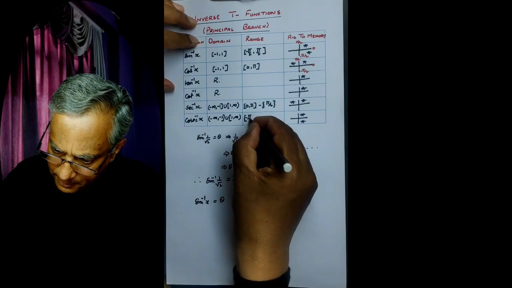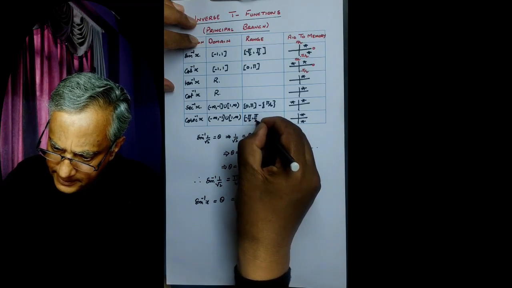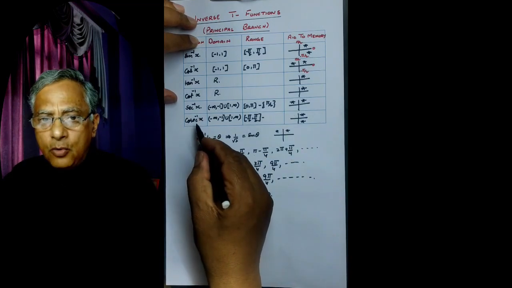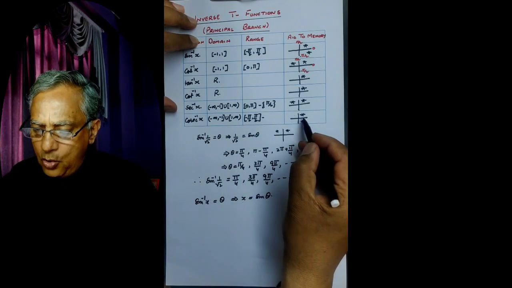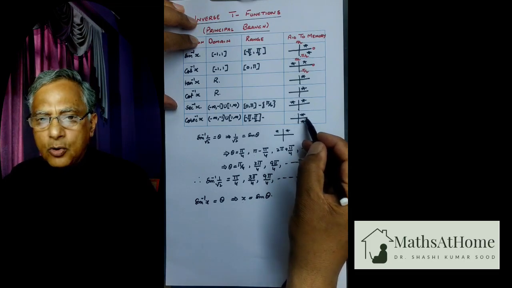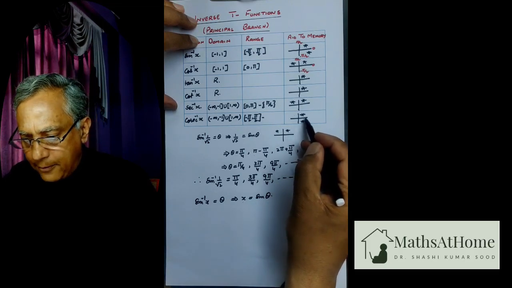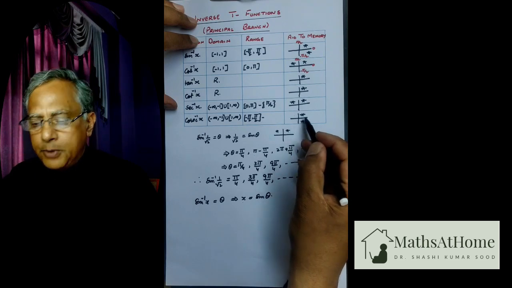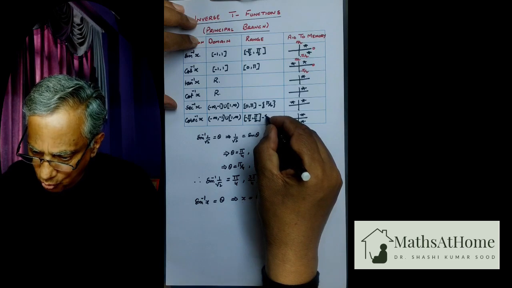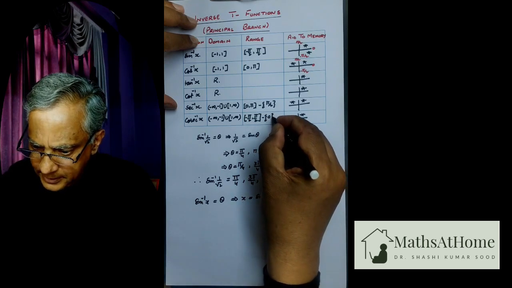But cosecant is 1 over sine, and sine is 0 at x equal to 0. So we have to delete this point, because cosecant is not defined at x equal to 0. So we will delete 0 from the interval.